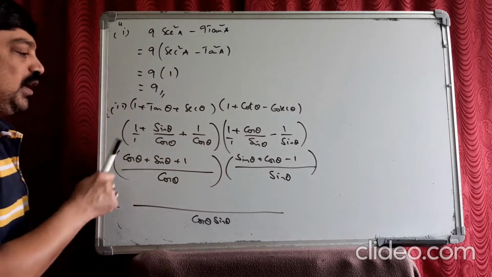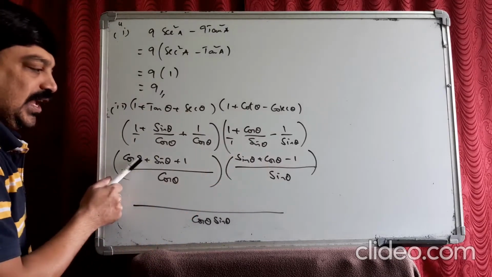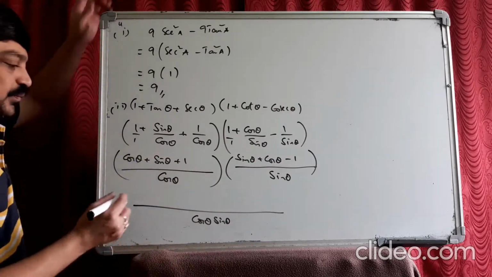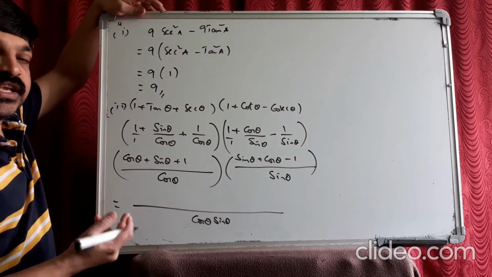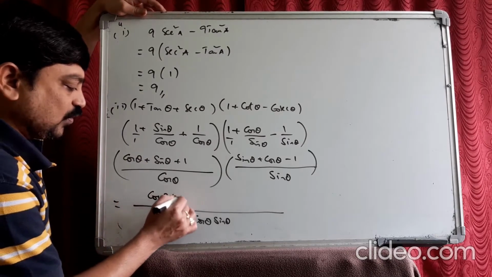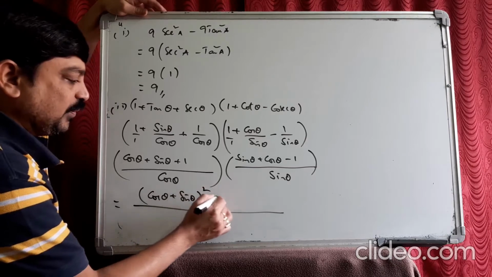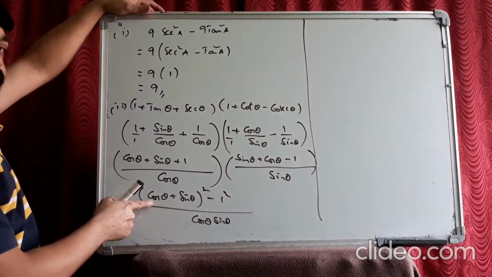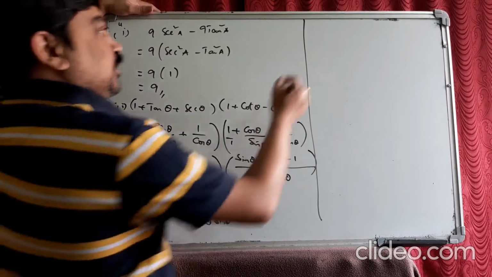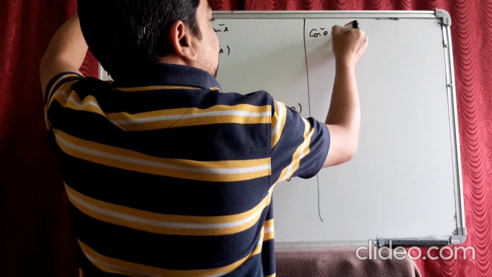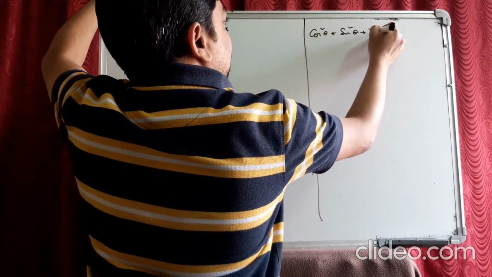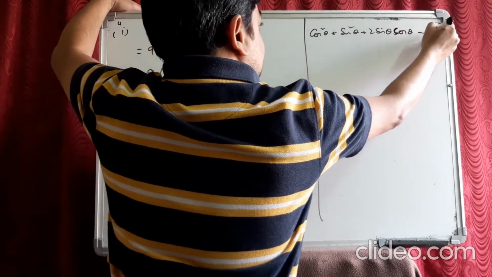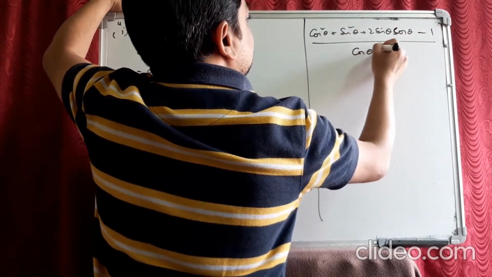Then it looks like the formula A plus B, A minus B. Here A is sin theta plus cos theta. So A plus B into A minus B becomes A square minus B square. So cos theta plus sin theta whole square minus 1 square. Now this can be expanded with the formula A plus B whole square: cos square theta plus sin square theta plus 2 sin theta cos theta, minus 1, all by cos theta sin theta.